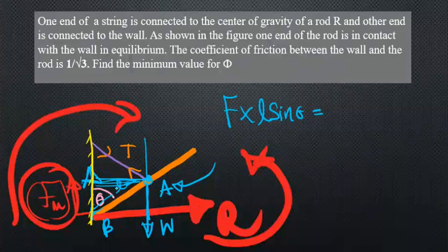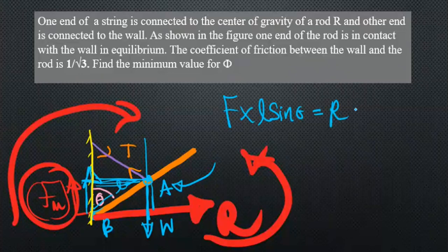Then in the opposite direction, the reaction force R into this length L cos theta. So let's apply our values. Frictional force F equals mu R, so F L sine theta equals R L cos theta, right?